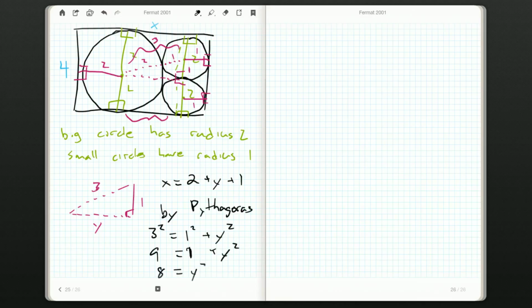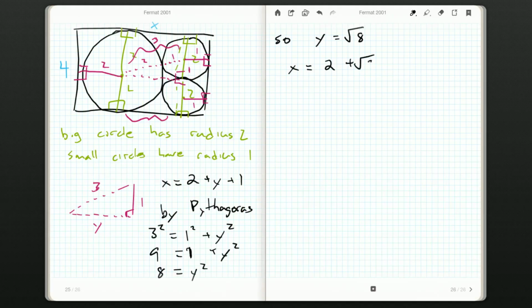And that means 8 is y squared. So y is the square root of 8. And then if we sub that back in, 2 plus root 8 plus 1, we're going to get 3 plus root 8 as the length of the side of the big rectangle.